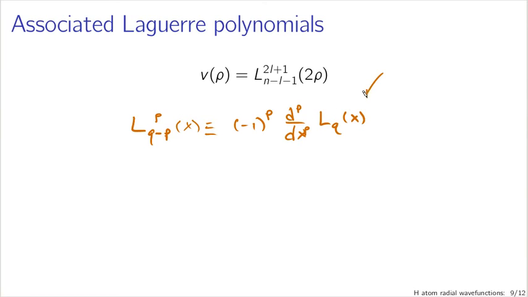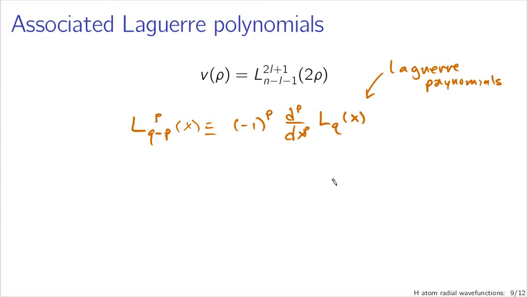So these L sub q's are called Laguerre polynomials, not associated, just original Laguerre polynomials. And they essentially tell us what our radial wave function is going to look like.